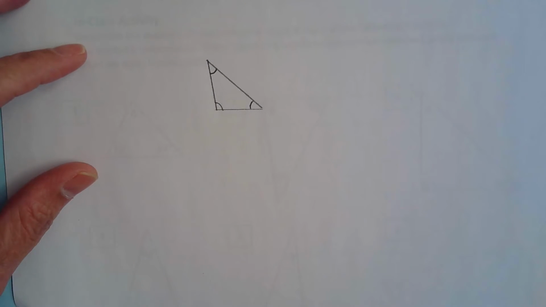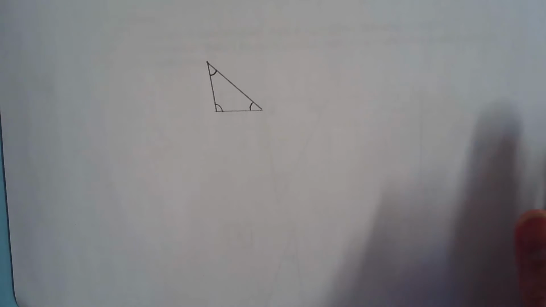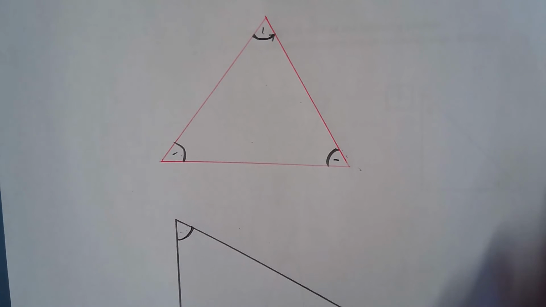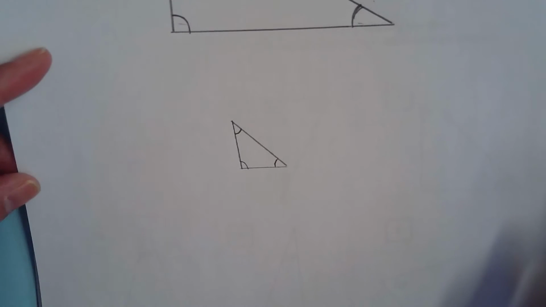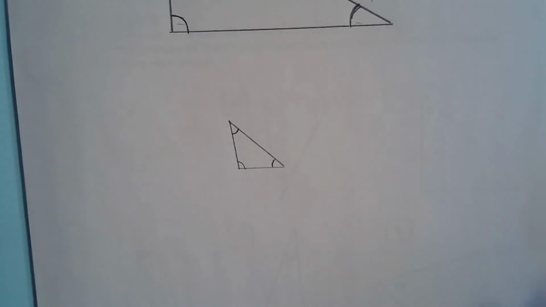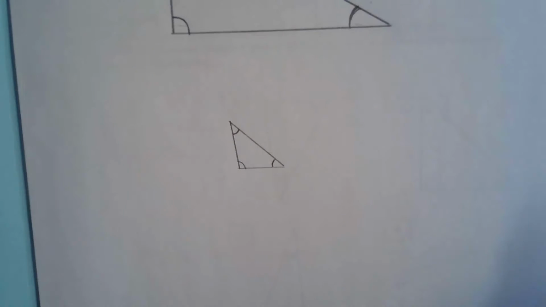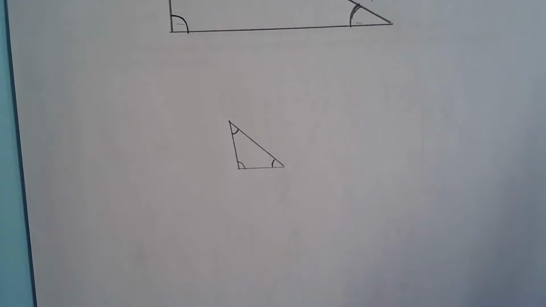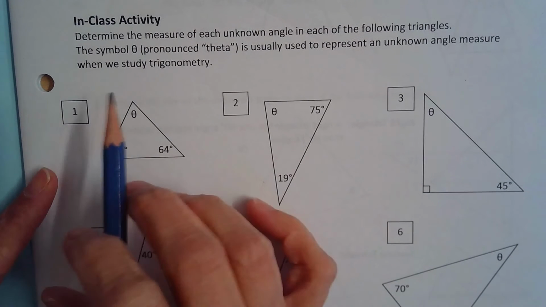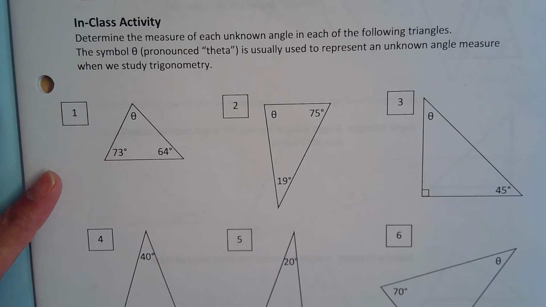Yes, it would still be 180 degrees. So the rule of 180 is always true, and it doesn't matter how small or how big the triangle is. It's talking about the angles, the rotation from one side to the other. Okay, is everybody okay with that one?